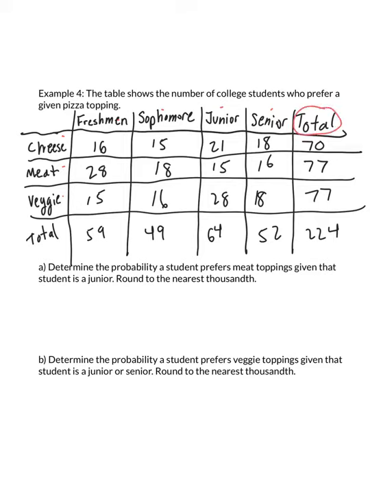So I have the totals of all the rows, and I have the totals of all the columns. If I did not have those totals for any table in this chapter, I would need to take an extra minute or two and add every row and column up myself. On the bottom right corner is going to be the grand total every time. So 224 total people were surveyed.